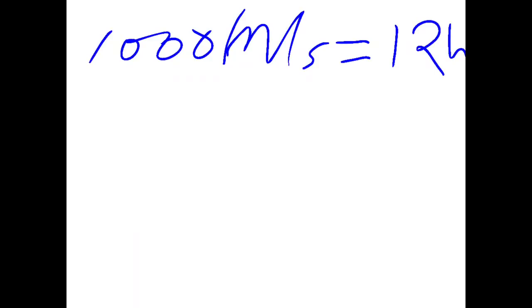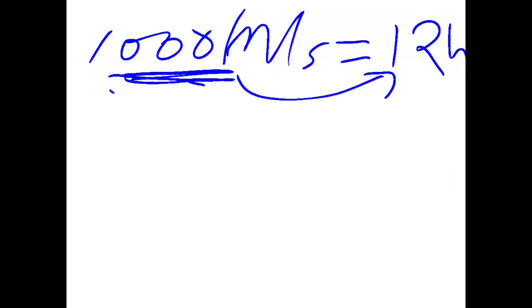The question is, how much of the fluid should be given per hour. Remember, this 1000 mils needs to be given in a period of 12 hours. But how much should we give in a single hour?